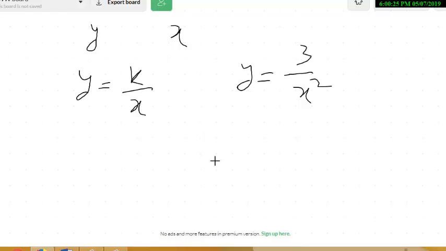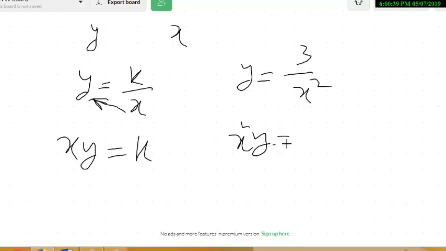We can also say that if we multiply this x with y, so we can write this equation like this as well. xy is equal to k, and this equation can be written as x squared times y is equal to 3. So these are the two ways to write a formula or equation of inversely proportional. It is up to you which method you prefer, which formula you prefer.